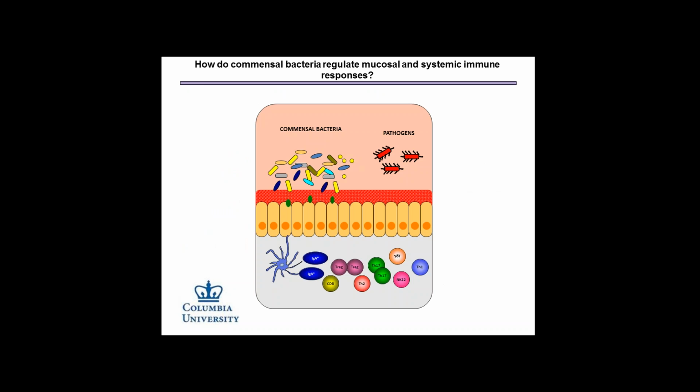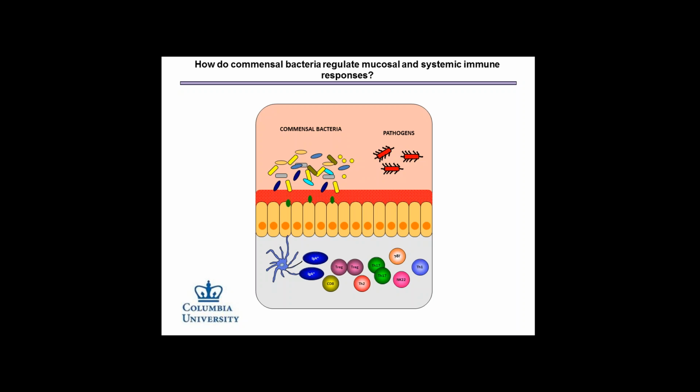So what we have been interested in my laboratory is this kind of interaction between these 3 types of players. We have the commensal bacteria, or the resident microbial community, we have pathogens, and you have the immune cells. And these interactions occur across a single layer of epithelial cells that divides the enormous amount of microbes and other antigens from the tissue of the immune system, which is present in the lamina propria of the intestine.